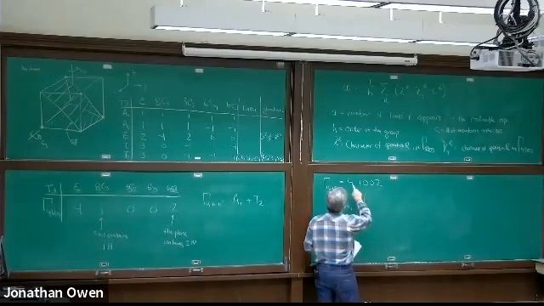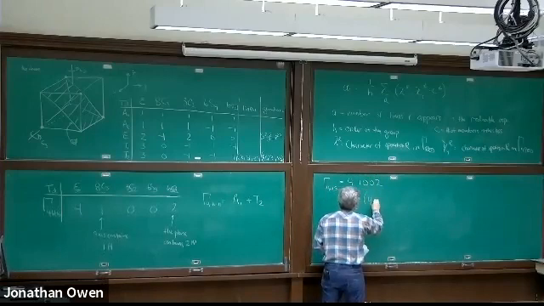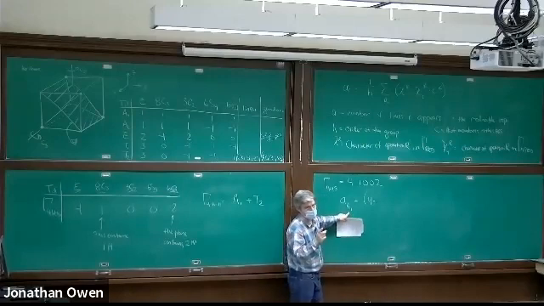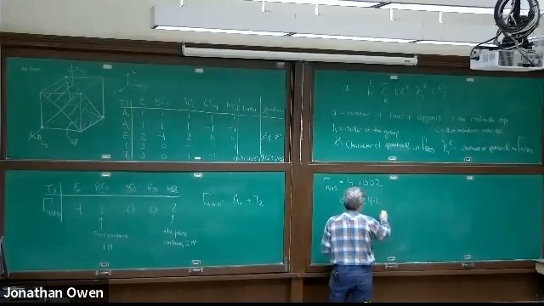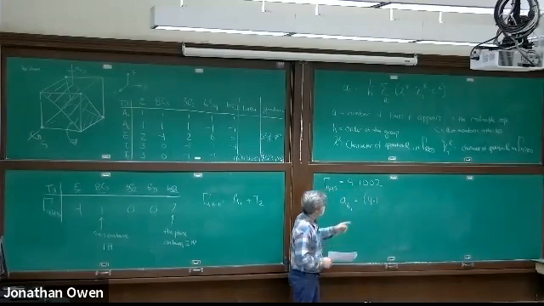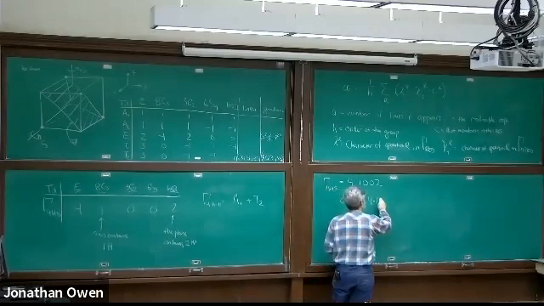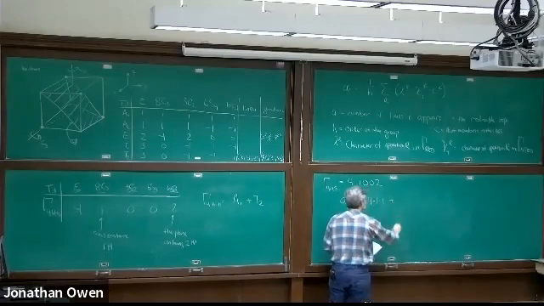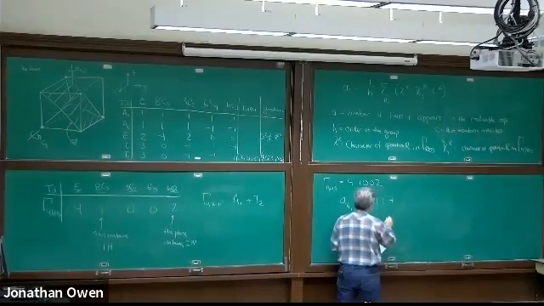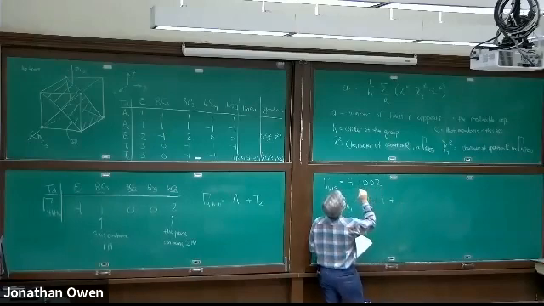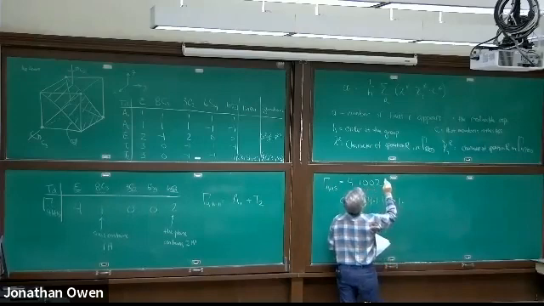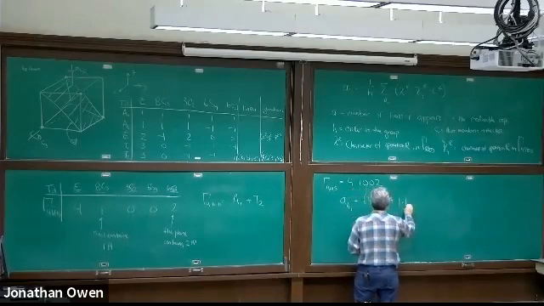So the character in the reducible is 4 times the character in the irreducible. A1 is easy, right? It's just a 1 every time. And the first operation is an E operation, which occurs once. And then the character in the reducible is 4. The character in the irreducible is 1.